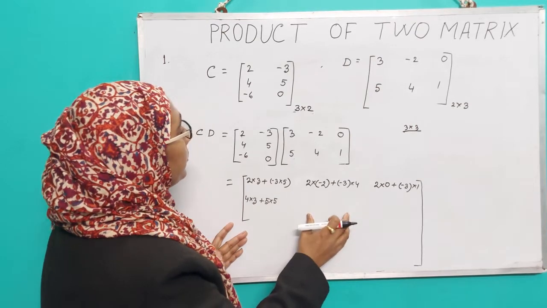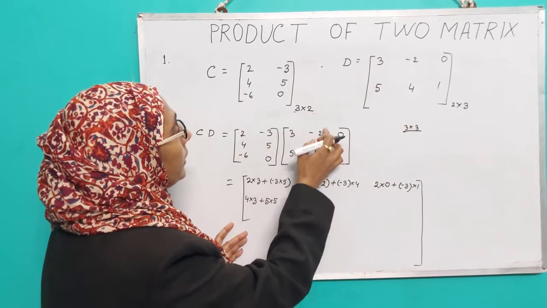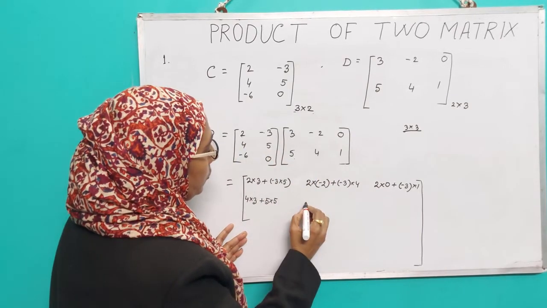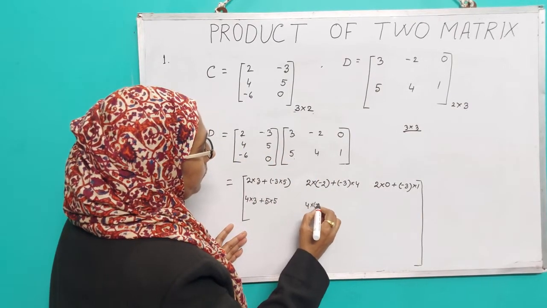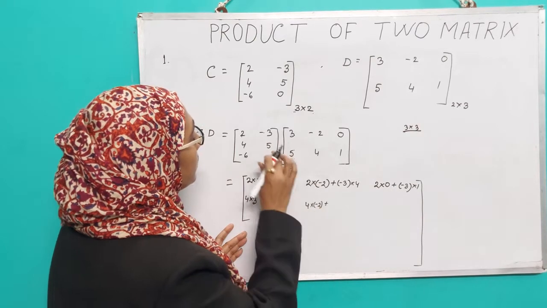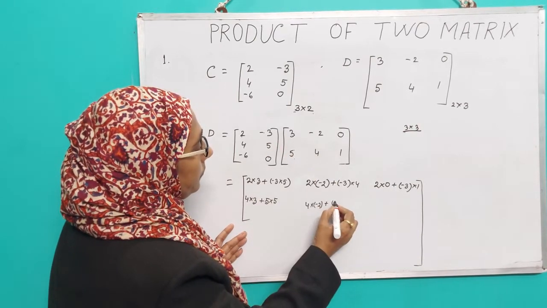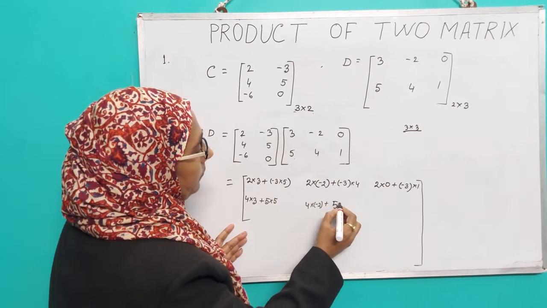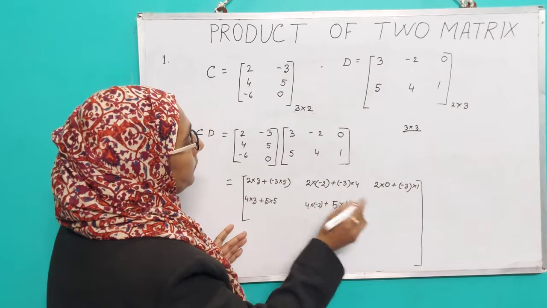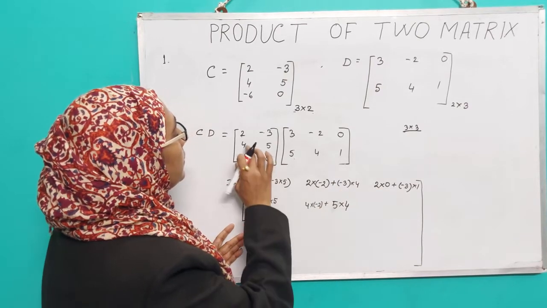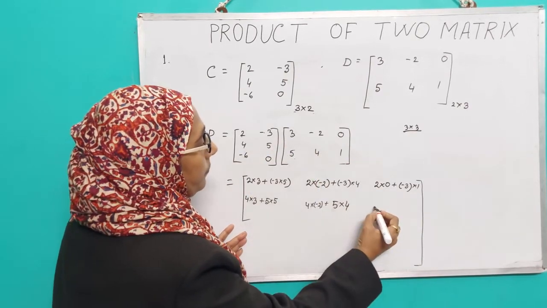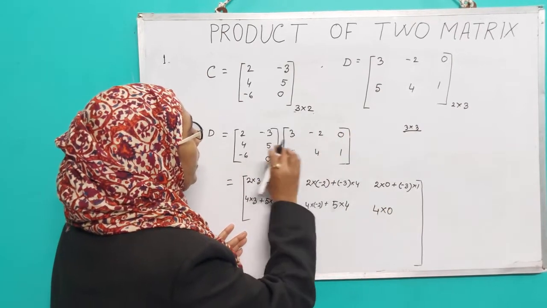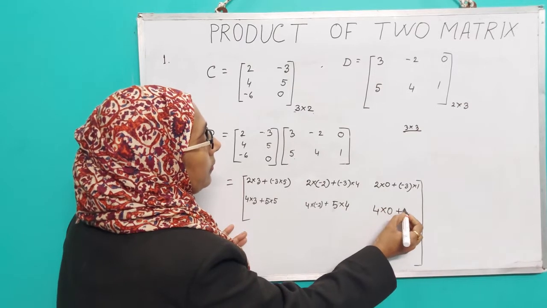Next, this element, second row with second column: 4 into minus 2 plus 5 into 4. And this is second row, third column: 4 into 0 plus 5 into 1.